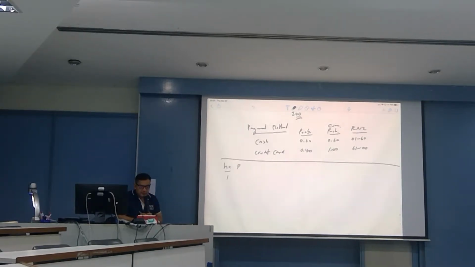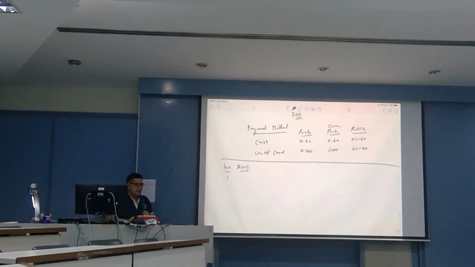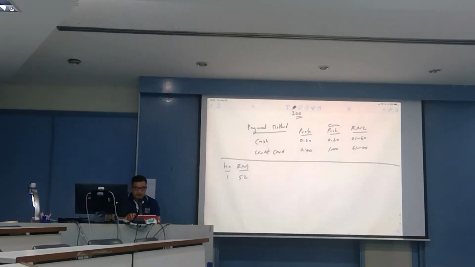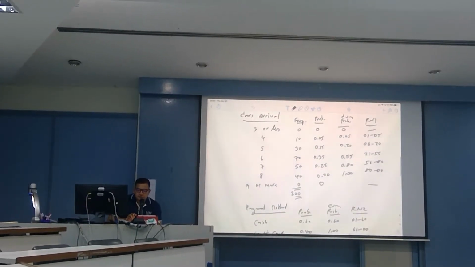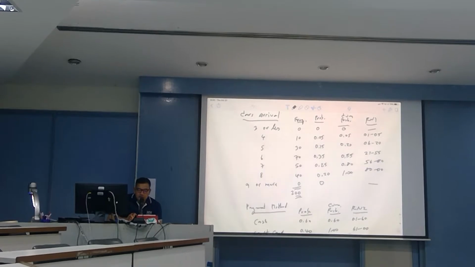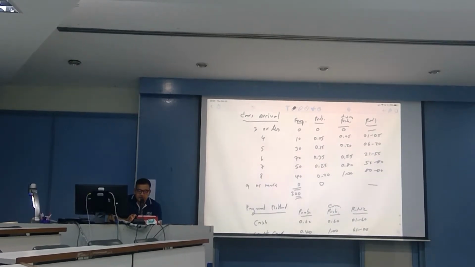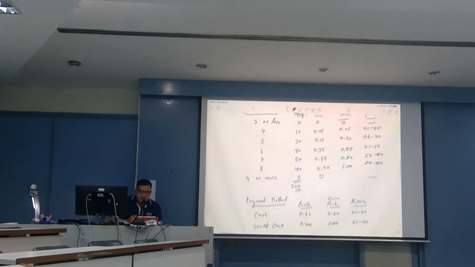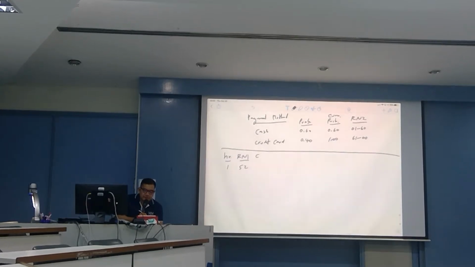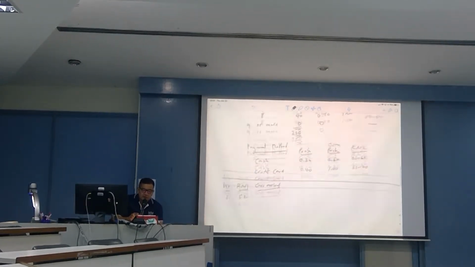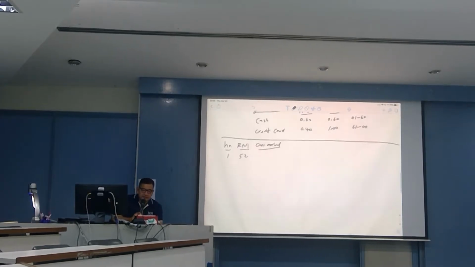We have time 1. We have 52. 52 belongs to the 21 to 55 range, so the number of car level is 6.